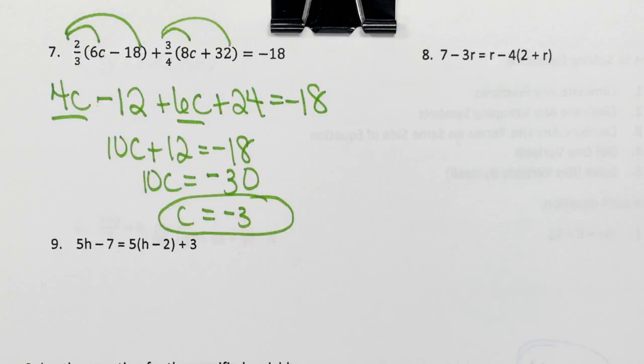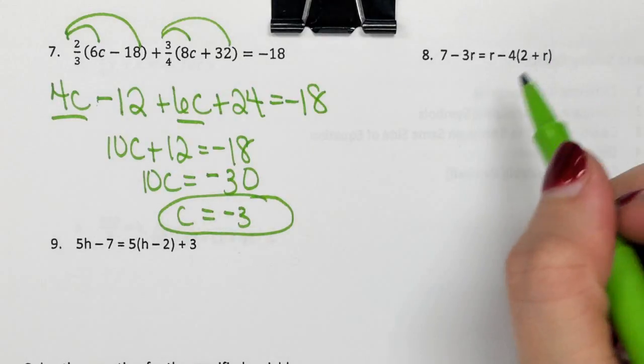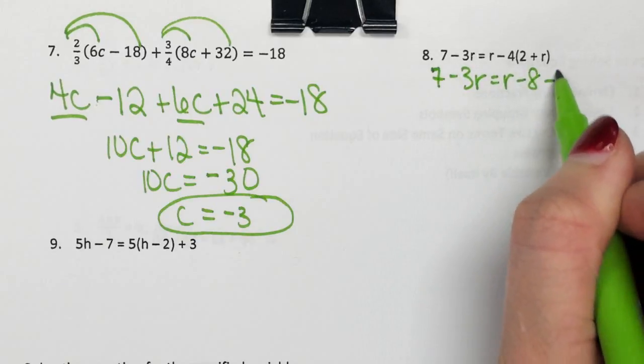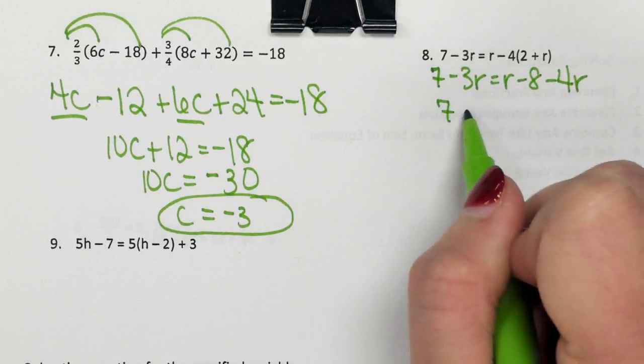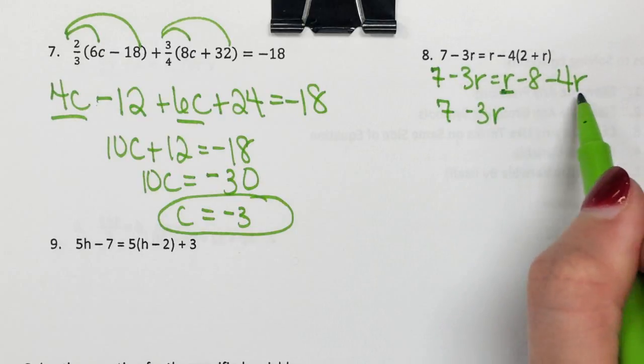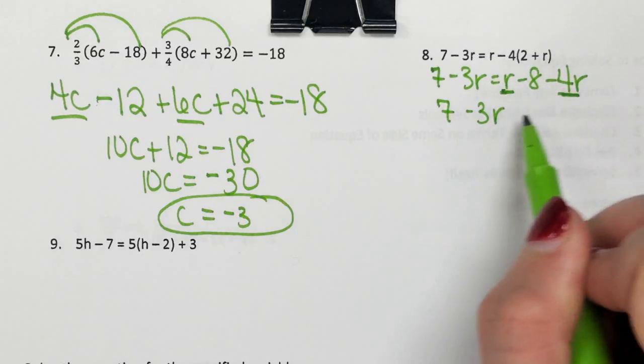What'd y'all get on number 8? Remember what it was called? No solution. Very good. Okay, so I distributed the -4, and then I'm going to add or subtract the r minus 4.